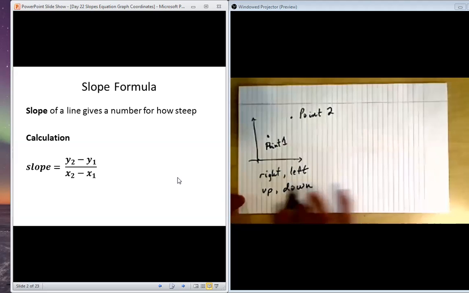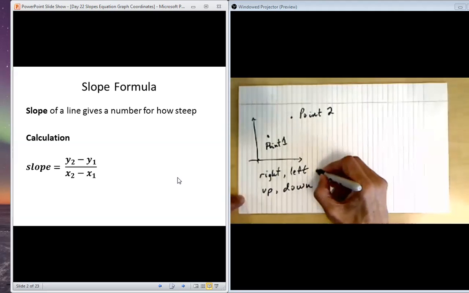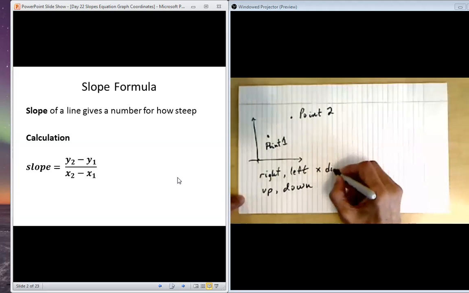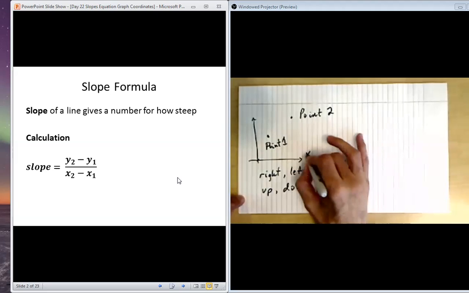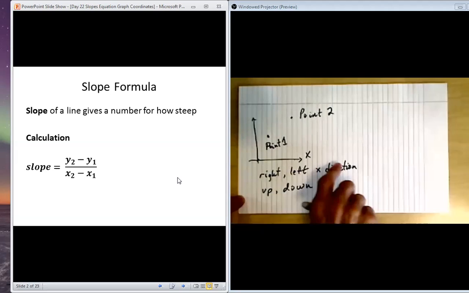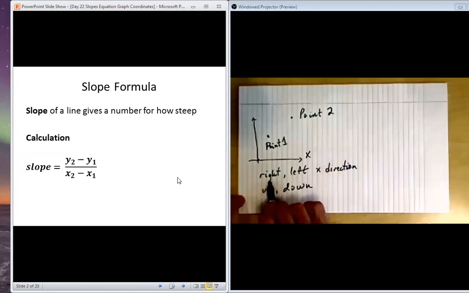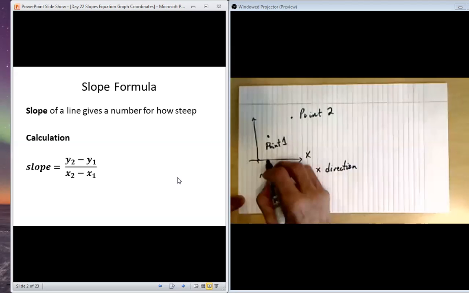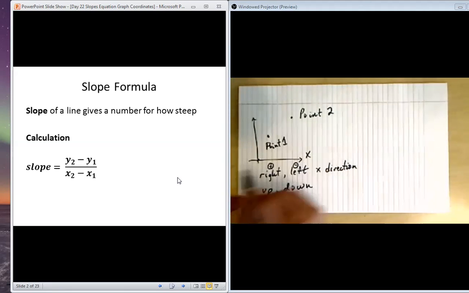So for the right and left direction, that's the x direction. And that will be given by the x-axis that's located there. X-axis goes this way. When it's right, x values are positive. And when it's left, x values are negative, as you will see.